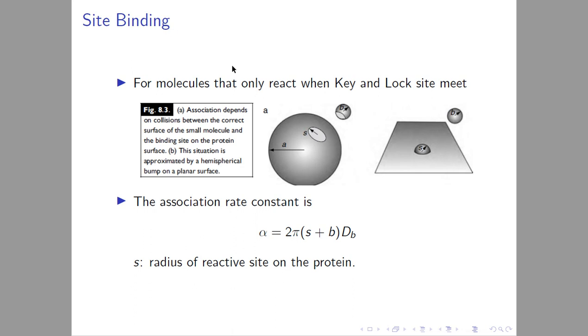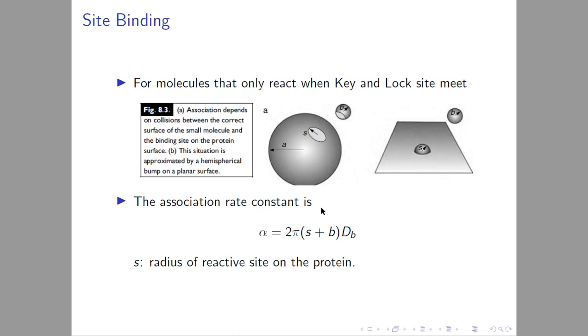So here A is the protein. We have a lot of sites here, but this ligand can only react with this site. Or in this case, if we make it a square, this ligand can only react with or attach to this site.